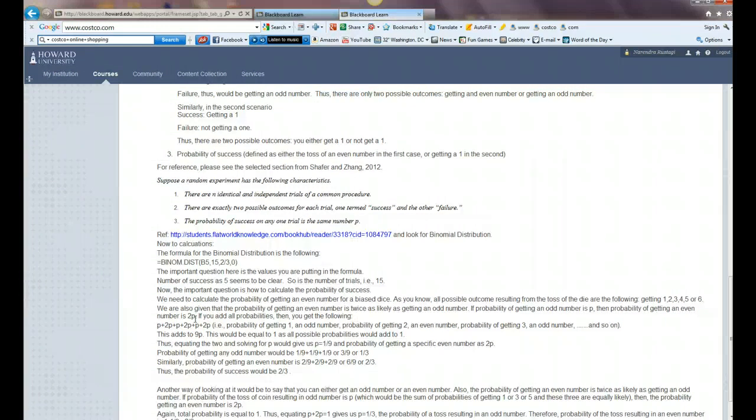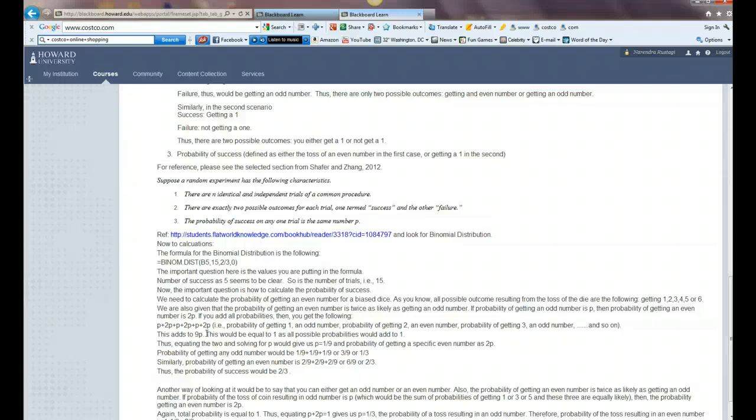So if you add all the possibilities, the probability of getting a 1 is p, a 2 is 2p, a 3 is p, a 4 is 2p, a 5 is p, and a 6 is 2p, and all that combined equals 1. That is 9p equal to 1, which gives p equals 1/9.